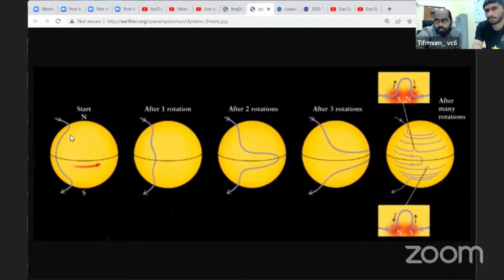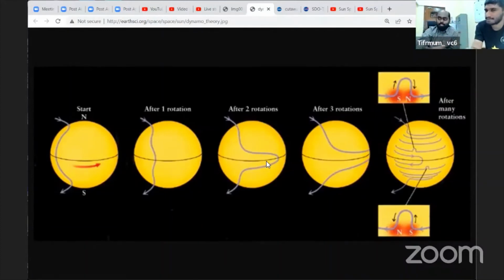As I said earlier, the magnetic fields are pulled along by a slightly ionized medium. So when the fluid moves, the magnetic field also gets pulled with it. As it rotates, you can see these magnetic fields get stretched near the equator and start getting twisted around the sun. This looks like a rubber band winding around a sphere.